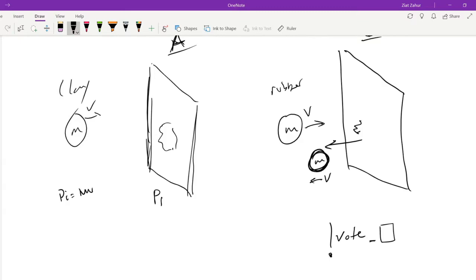This one has p final of 0. Look, velocity is 0. It sticks to the window. Whereas this one has p initial equal to mass times velocity, and p final is not 0. p final is mass times velocity, but the other way, so we'll call it negative.